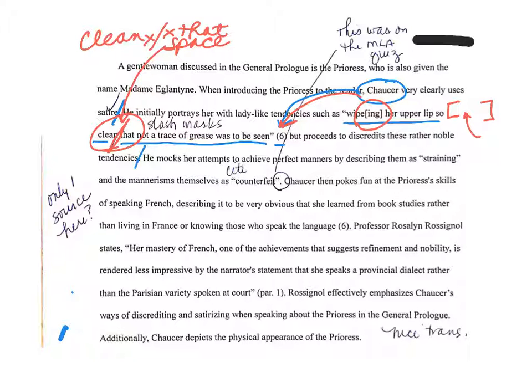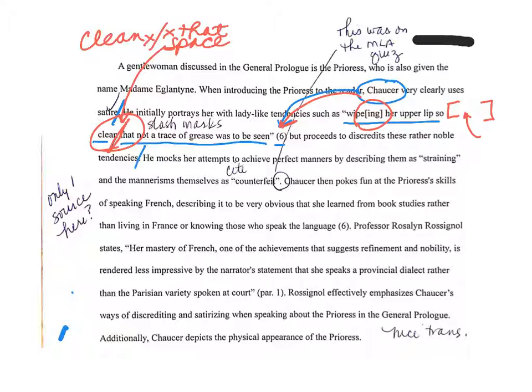So maybe her quote said wipes her upper lip, so she wanted to change it to wiping to fit whatever item she has in this sentence. So she is telling the reader that the ing is not originally in the book. And if you look in the book, you wouldn't see that. You would see wipes or wiped or wipe. So this is a nice use of the square brackets, which we looked at.